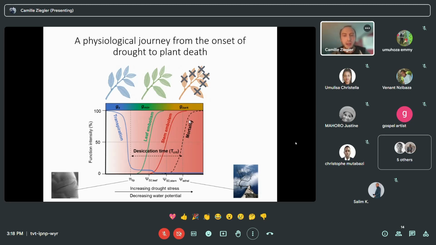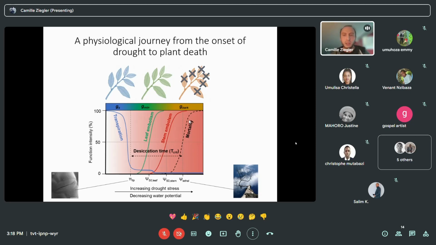After stomatal closure, water losses are dominated by minimum leaf conductance. And when leaves become embolized and fall, then water losses will be determined by G bark on the right side. And when we reach high levels of stem embolism, which is the red curve, we have a progressive increase in tree mortality.